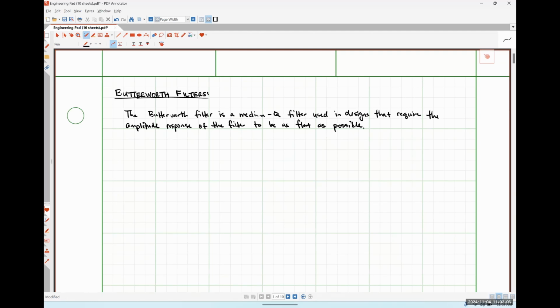In fact, the Butterworth filter, out of all of the 4 different types of passive filters, has what's called a maximally flat response, meaning that it never introduces any ripple whatsoever.